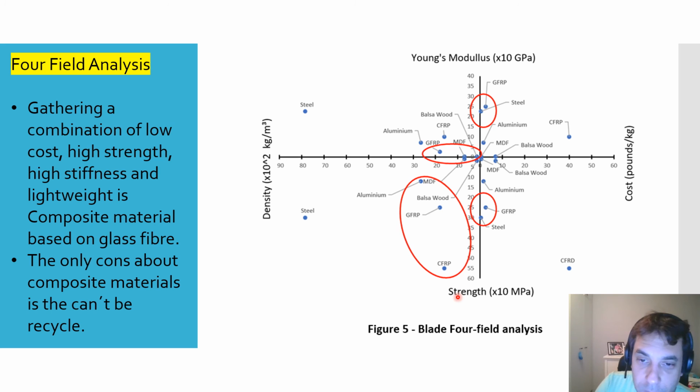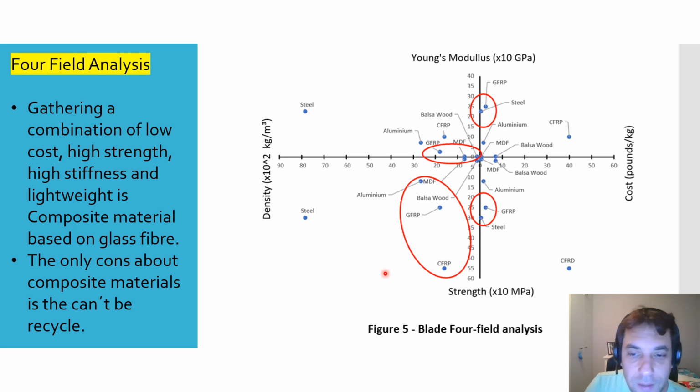The material that appears most constantly here, and that I could say I will select to make the blade, is the composite material, this glass fiber reinforced polymer. As we can see, it is in all highlighted fields here.